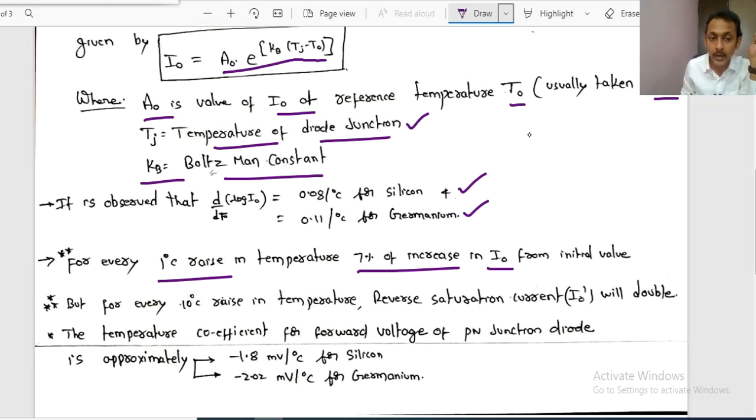And for every 10 degree centigrade rise in temperature, the reverse saturation current, denoted I naught dash, will get doubled. Also the temperature coefficient of the forward voltage of a PN junction diode is approximately minus 1.8 millivolt per degree centigrade if it is silicon, and minus 2.02 millivolt per degree centigrade if it is germanium.